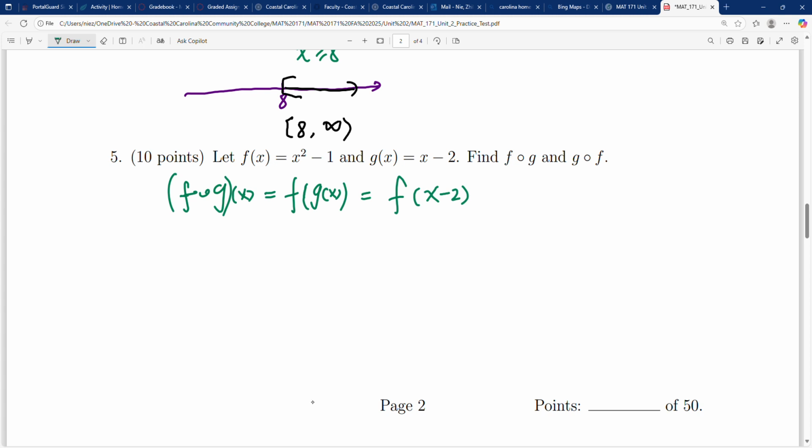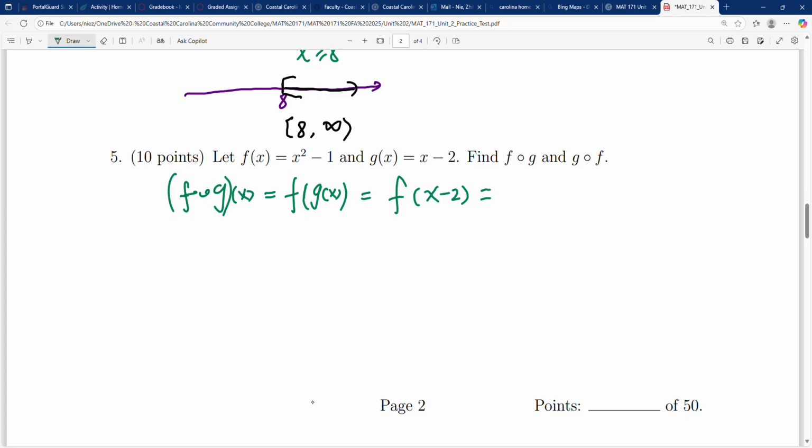So you just replace g of x with x minus 2. And then you look at what f of x is. f of x is x squared minus 1, but now we ask you for f of x minus 2. So just replace x with x minus 2 in the function f of x.